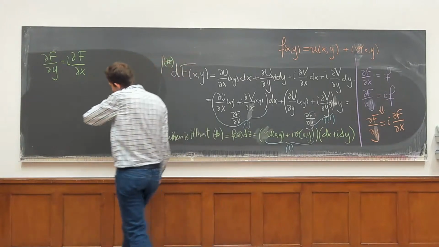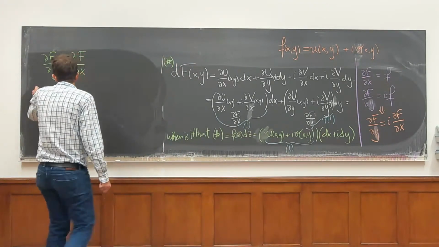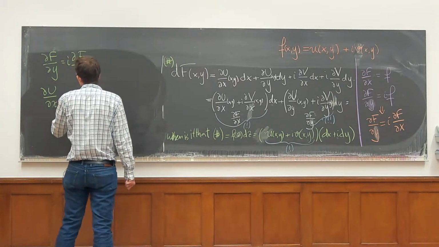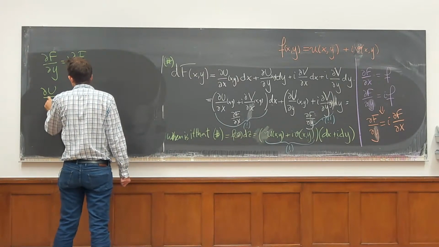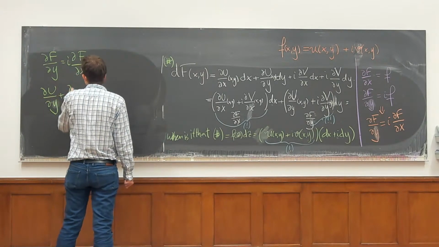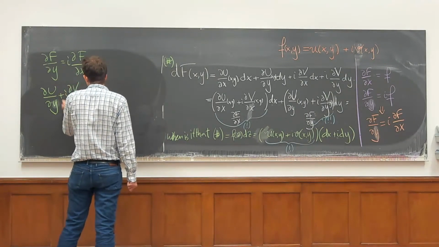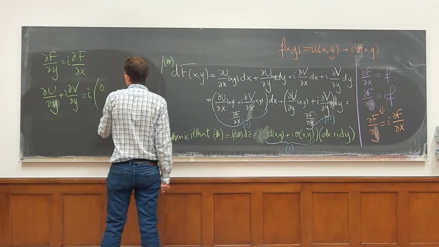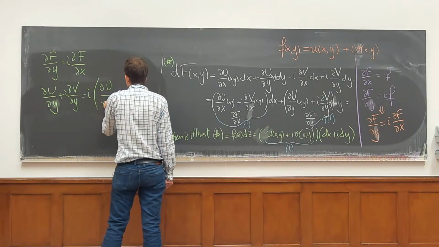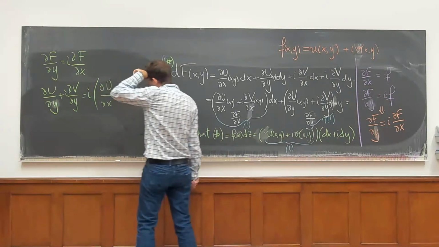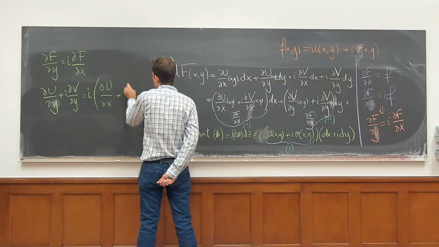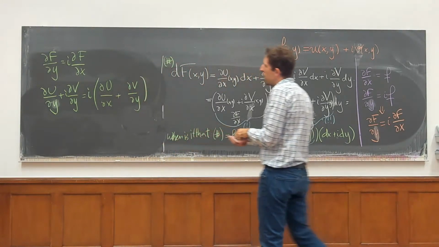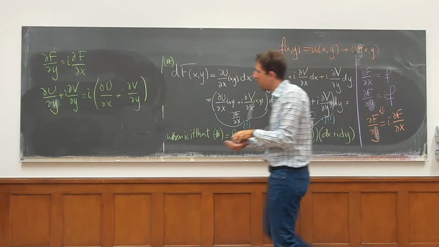Okay, so let's now expand this out again. So I get the derivative of u with respect to y plus i times the derivative of v with respect to y equals i times the derivative of u with respect to x plus the derivative of v with respect to x. Okay, right? It's the same thing.